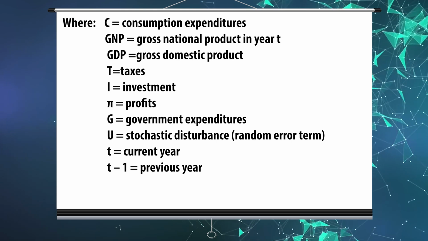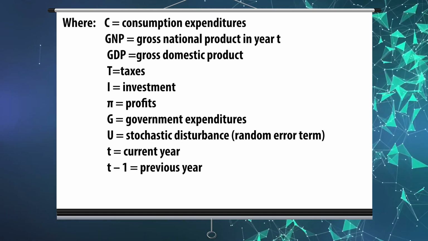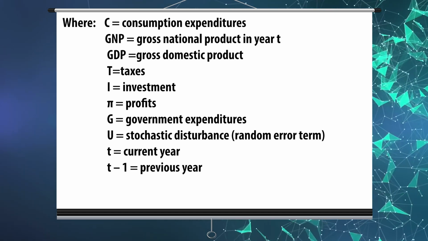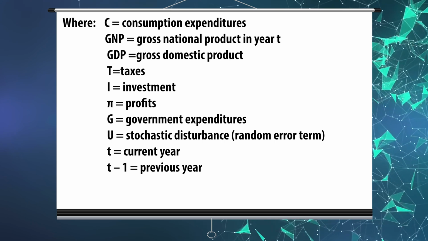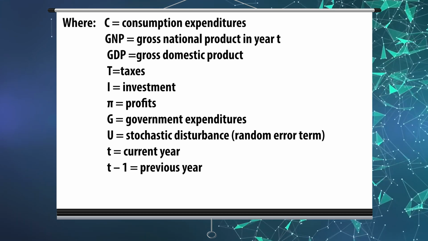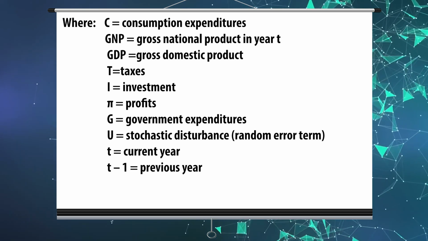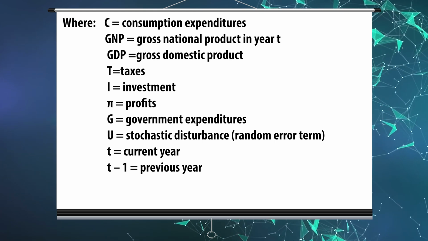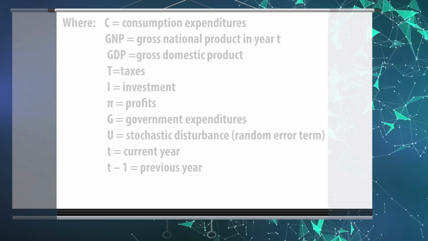Whereas, C stands for consumption expenditures, GNP stands for gross national product in year t, GDP gross domestic product, T taxes, I investments, Pi for profits, G national expenditures or government expenditures, U stochastic disturbances or random error term, t current year, t minus 1 that is from previous year.